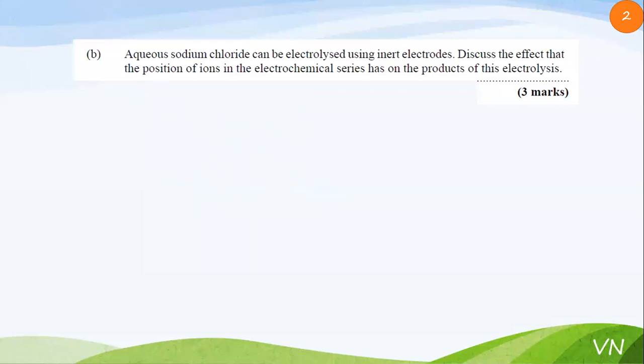All right, part B of the question. It says here that aqueous sodium chloride can be electrolyzed using inert electrodes. Discuss the effect that the position of ions in the electrochemical series has on the products of this electrolysis.